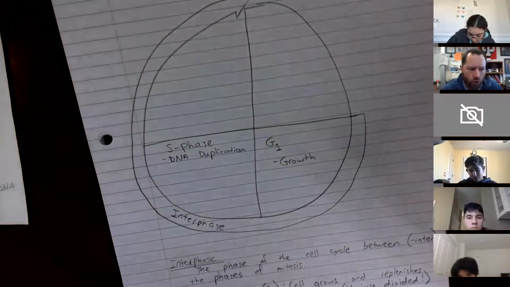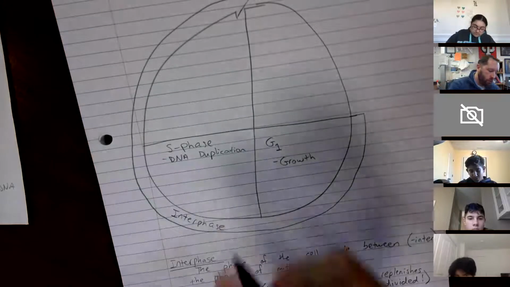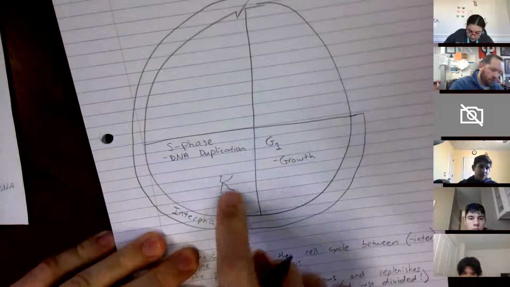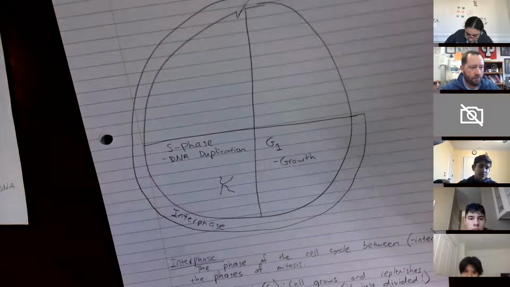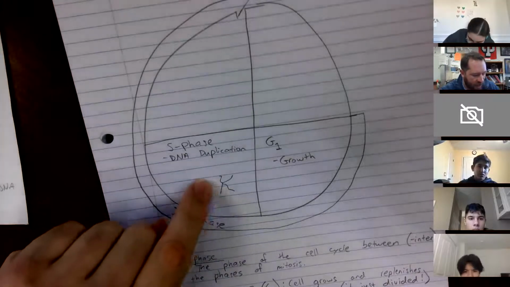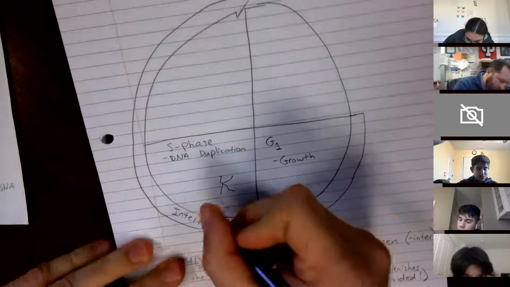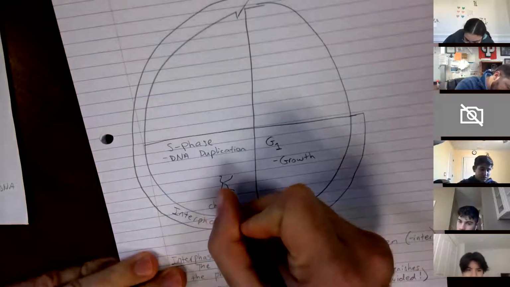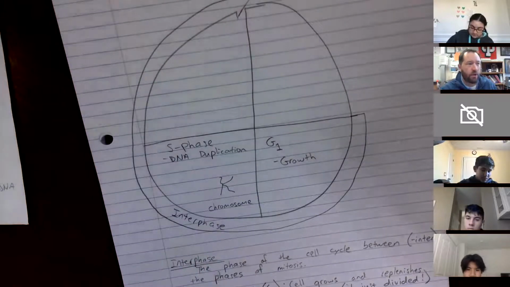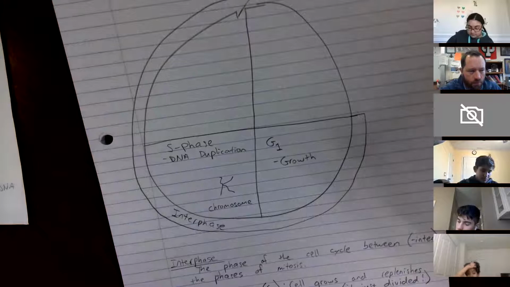When we think of a chromosome, I think we usually think of kind of an X shape like that. I think a lot of people think of chromosomes as having an X shape, and that's good. That's accurate. That is a chromosome. That is definitely a chromosome. But here's the thing. That is a duplicated chromosome.